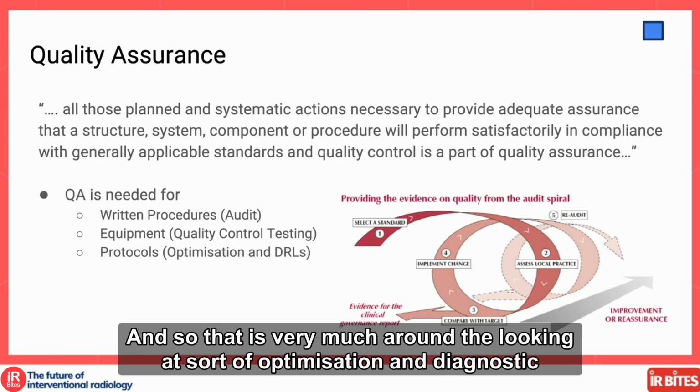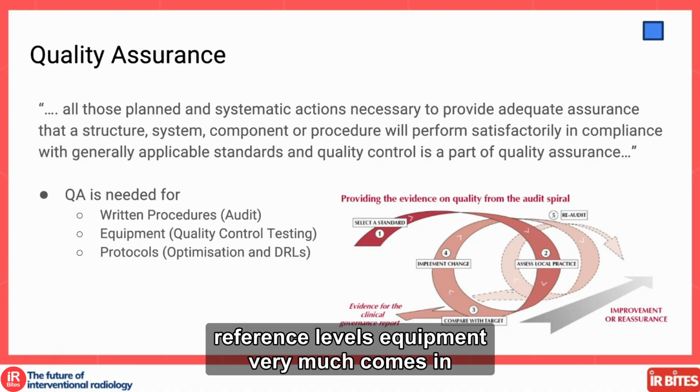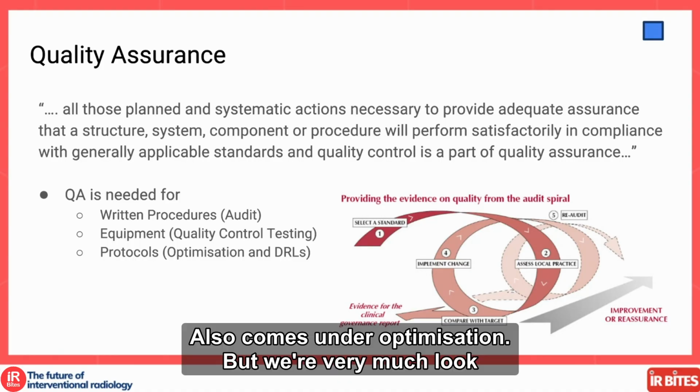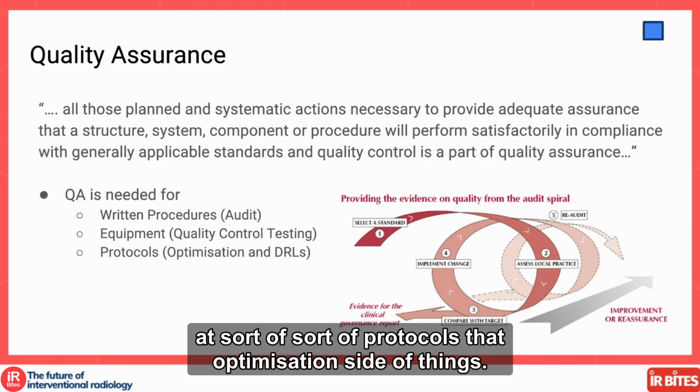So that is very much around looking at optimization and diagnostic reference levels. Equipment very much comes in checking that the quality control testing is okay. That also comes under optimization, but we very much look at protocols for that optimization side of things.